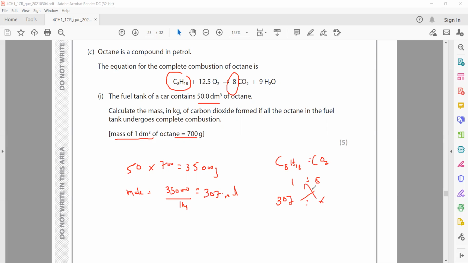Cross multiply, we'll get the moles, and after getting the moles, we'll multiply by molar mass to get the mass in grams. Mass in grams equals moles multiplied by molar mass. So it will be 307 multiplied by 8 multiplied by the molar mass of carbon dioxide.